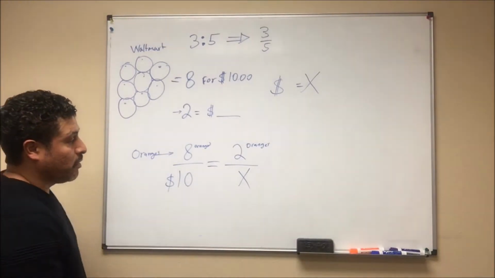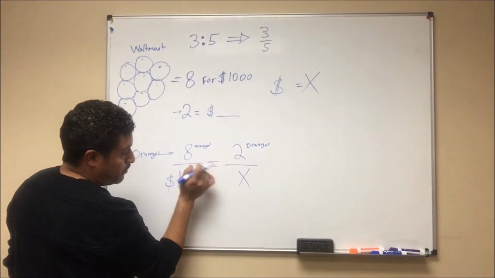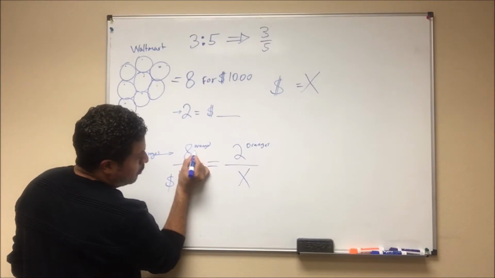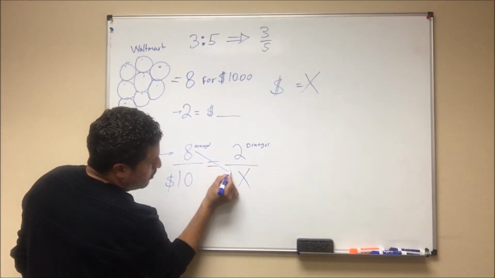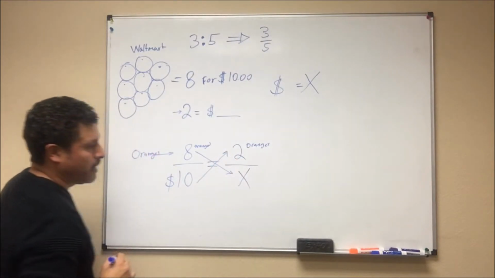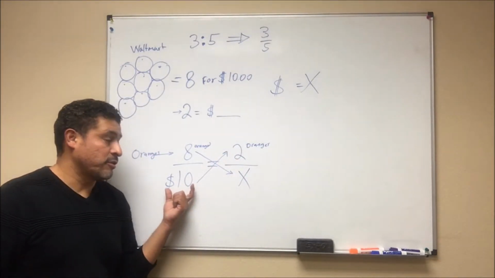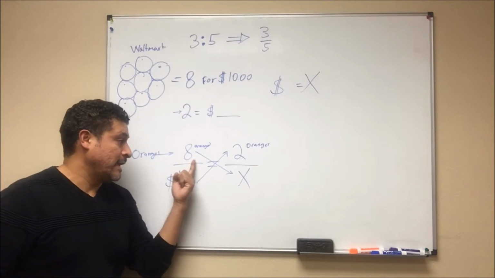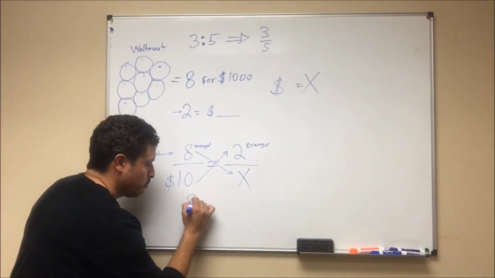Now to solve the problem, all you gotta do is use this method. You always put an arrow here and put an arrow here, and that means that you can actually multiply 8 times x.